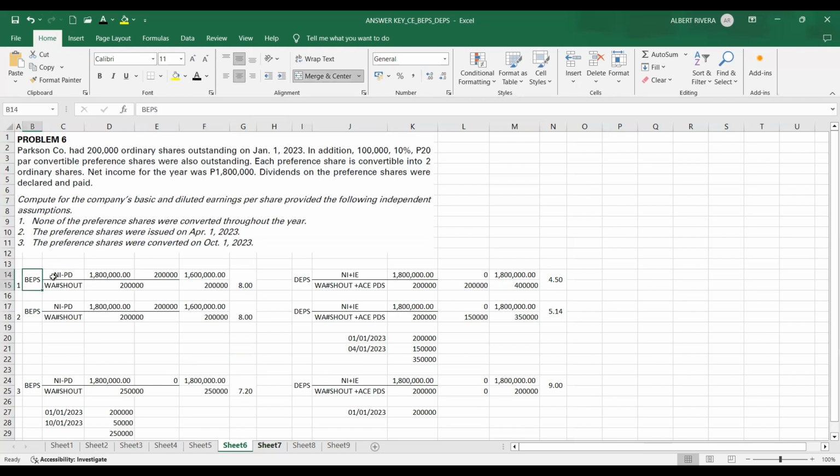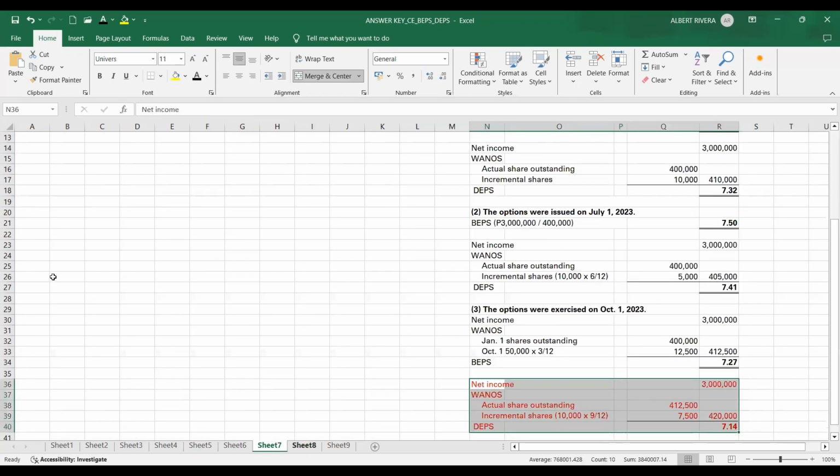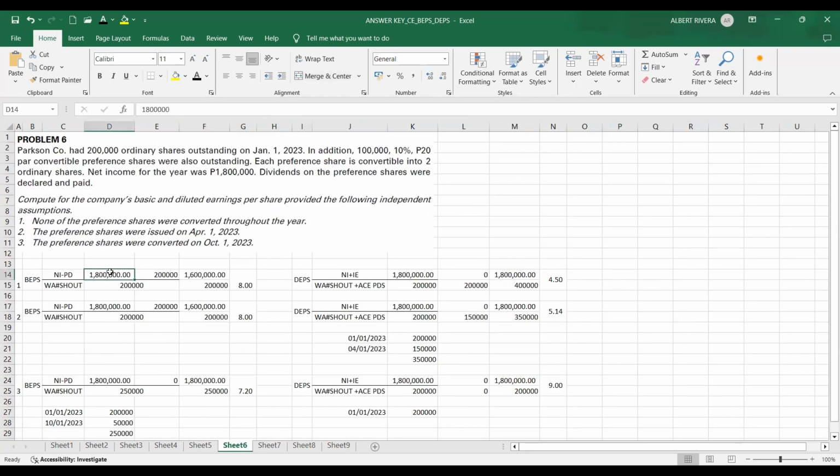Net income, minus the preferred dividends, which is always equal to a 1-year dividend. It says here that there are convertible preference shares, so this is 100,000 times 10% times 20. So that is 200,000.